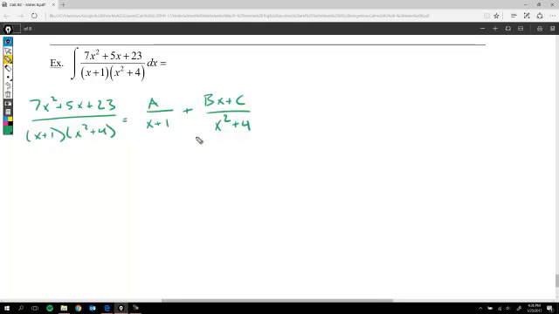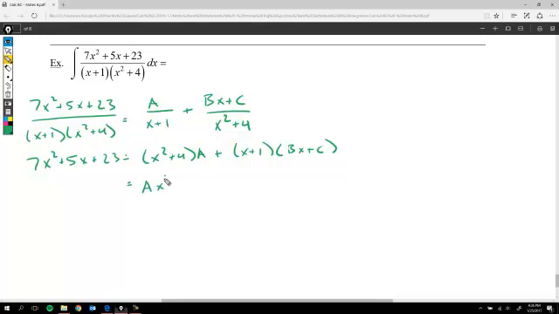Okay, again, I'm going to multiply both sides by my denominator on my left side. So I get 7x squared plus 5x plus 23 equals (x squared plus 4)A plus (x plus 1) times (Bx plus C). All right, now I'm going to distribute everything.